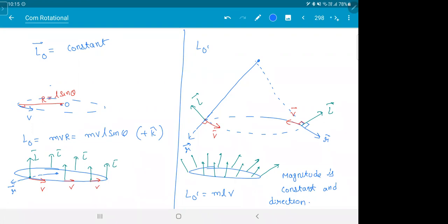So that is about the particle. Angular momentum of a rotating body. We're done with the particle. Now rotation.